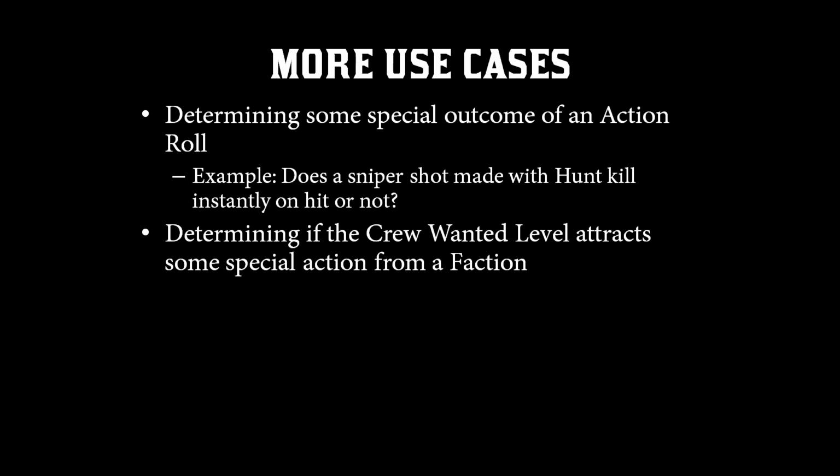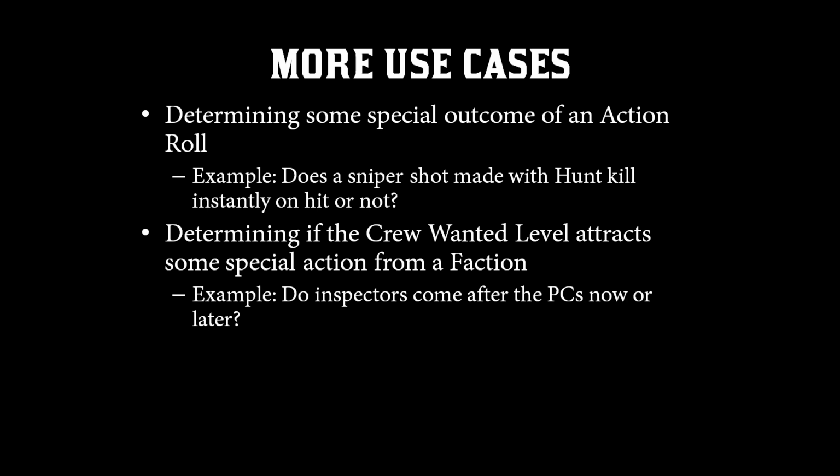It's something the GM has to consider and make judgment calls on. And if the GM is not sure what to do, then again, a fortune roll can be useful. So do inspectors come after the PCs now or later, right? Is that going to be the next downtime phase, or is it going to be this downtime phase? That's something you can determine with a fortune roll.